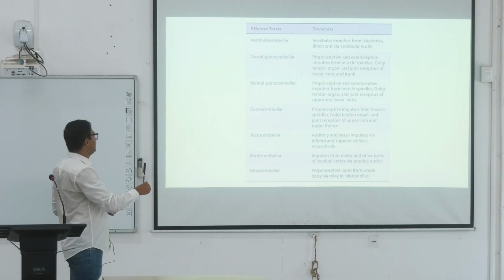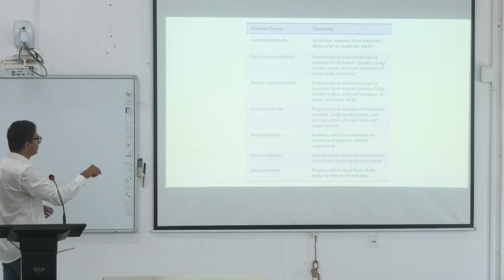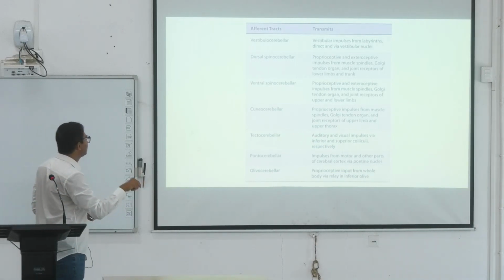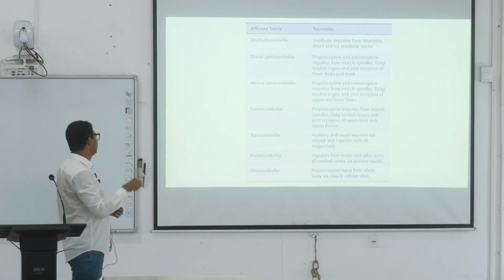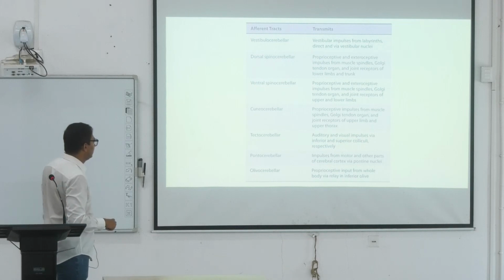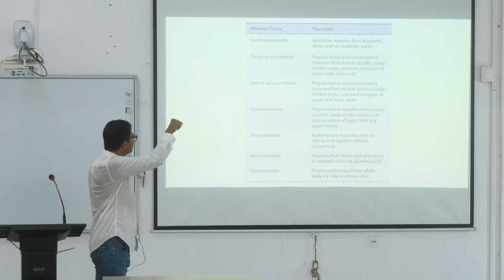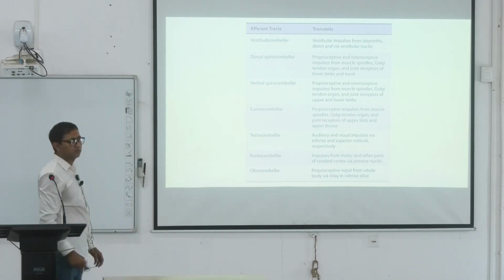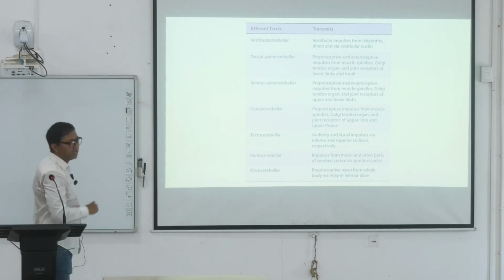And helps in proprioception. Tectocerebellar, okay, it is auditory and visual impulses via superior and inferior colliculi. Pontocerebellar, from pons, and olivocerebellar, right? So just remember the names, okay, just only remember the names of the afferent tracts.